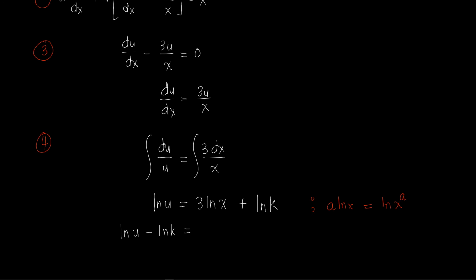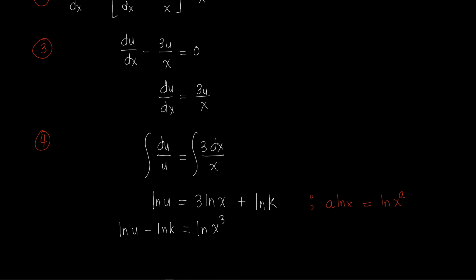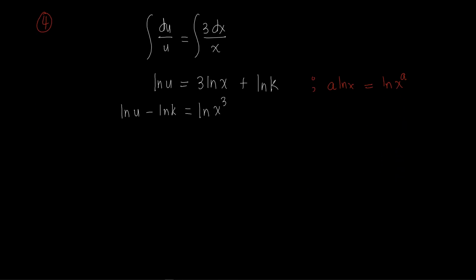Ito, magiging ln x cube. Okay, yung 3, lagay natin sa, using this rule. Okay, yung ln k, nilipat sa kabila. So, from that, gamit na naman yung rule na, if you have ln x minus ln y, magiging ln x over y.